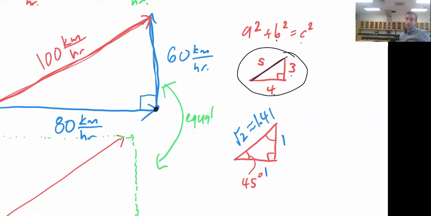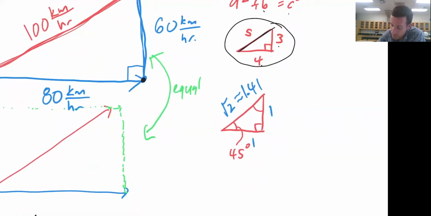Another common right triangle that you might see is a 45-degree angle. Because this angle is equivalent to this angle, I know that the 2 opposite sides have to be equal to each other. So I could say that side has to equal that side.